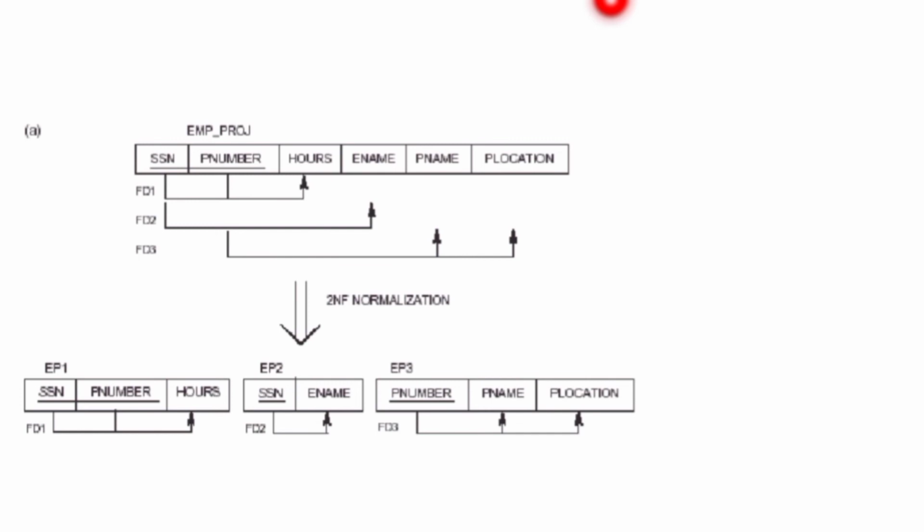P name and project location are non-primary keys, fully dependent on project number, that is the primary key. Getting my point? So every condition is holding good. So if that's the case, you need to divide all the functional dependencies into separate tables. See, I divided all the functional dependencies as separate tables.